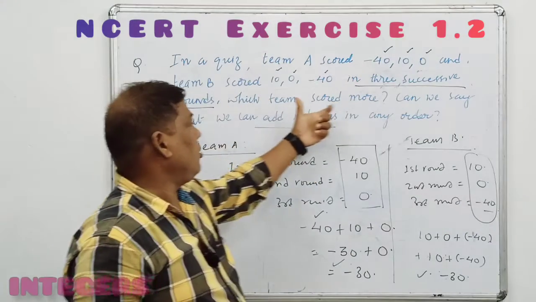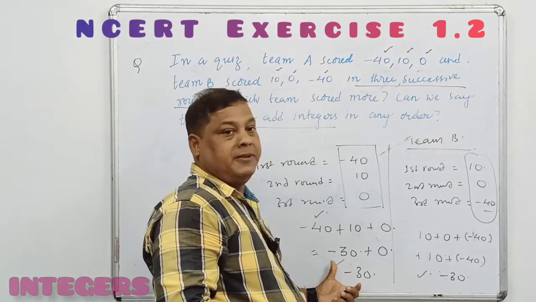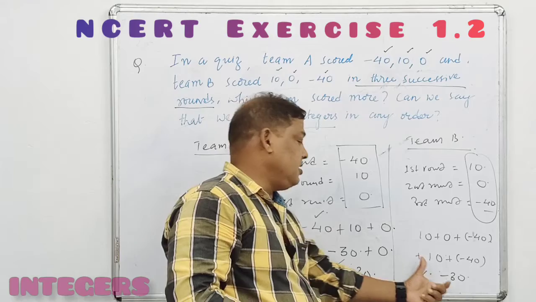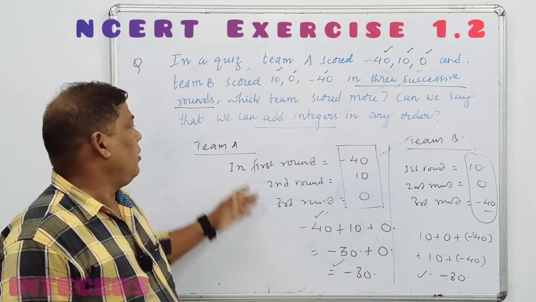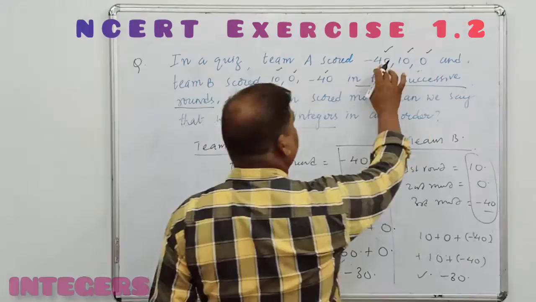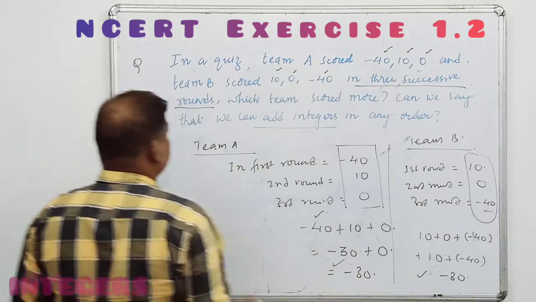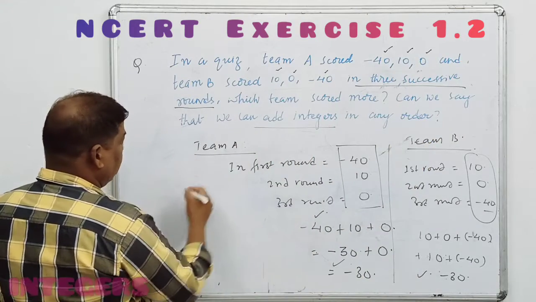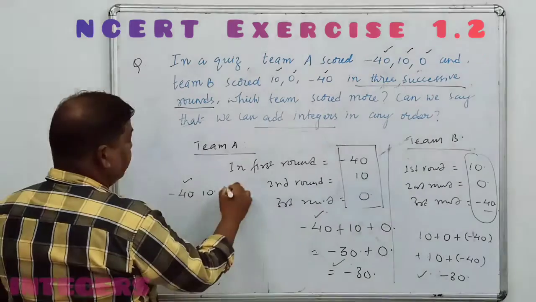So which team scored more? So both teams scored same points, that is minus 30. Here team B also scored minus 30. So we can add integers in any order. So here minus 40 is a negative integer, 10 is the positive integer, 0 is the 0 also integer. So minus 40, here is the 10, here is the 0.